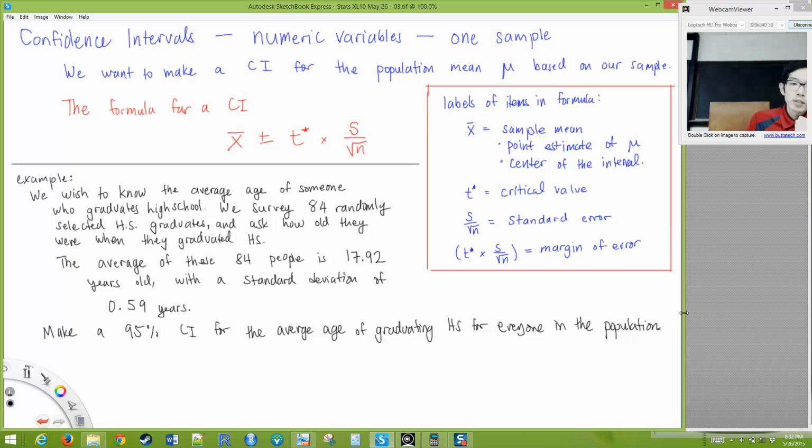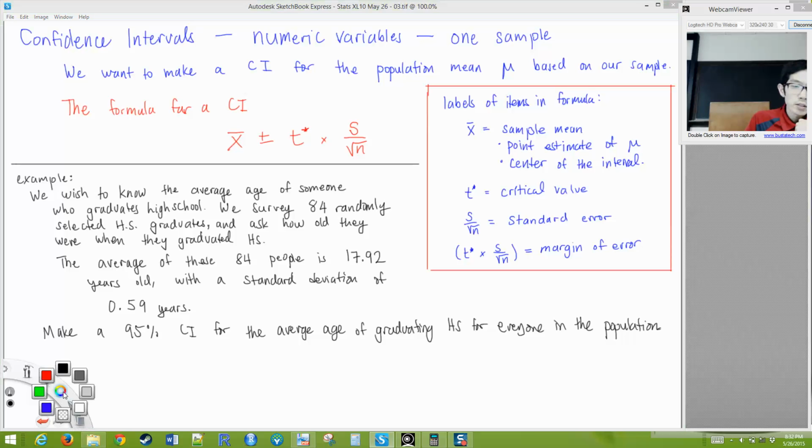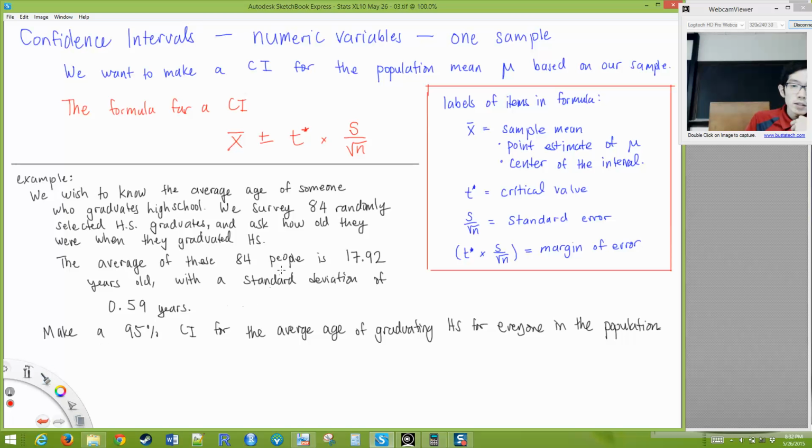Okay, so let's go ahead and do this. Let's identify numbers in our problem here. Okay, what is 84? 84 is n, okay? So I'm going to just write n is equal to 84.